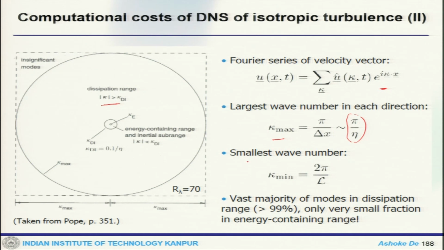The smallest wave number would be 2 pi by L, and a majority of the modes are in the dissipation range, so only a small fraction is in the energy containing range. That gives you an idea what DNS is all about, and the DNS requirement for large Reynolds number applications.